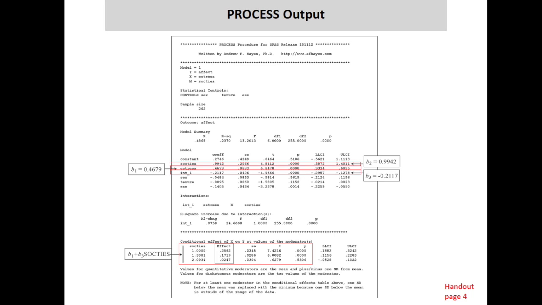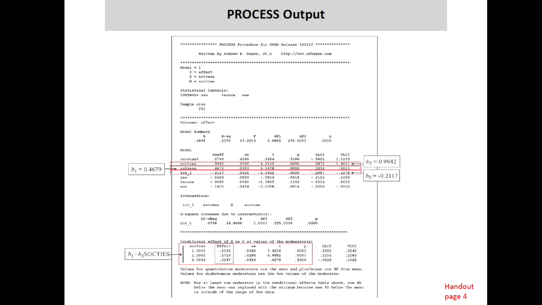So it'll do that. In this case, it goes even further because it chooses 1 for the bottom for social ties. Well, first of all, this is the mean, 1.398. That's the sample mean of social ties. 2.0934 is the standard deviation above the mean.